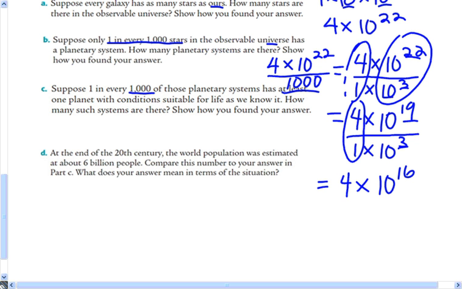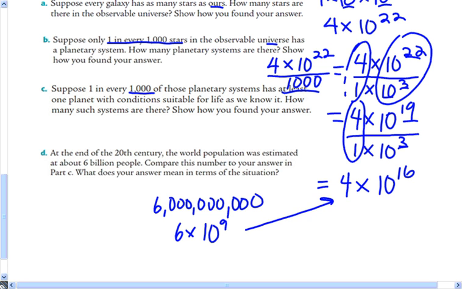Well, 6 billion is a 6 followed by 9 zeros, which in scientific notation is 6 times 10 to the 9th power. Now, comparing to that, just assuming for a moment that this is the same number, actually 6 is bigger than 4, but how many times bigger is 10 to the 16th than 10 to the 9th?